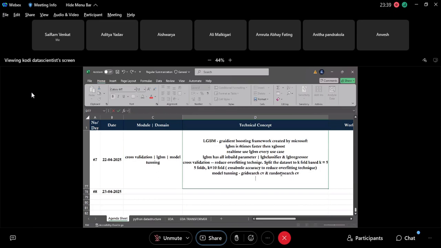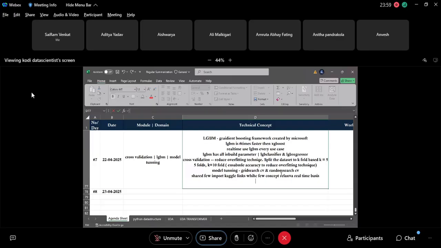Also, I'll share a few important Kaggle links with concepts relevant on a real-time basis: decision tree, KNN, Naive Bayes, AdaBoost, bagging versus boosting, XGBoost, and LGBM.